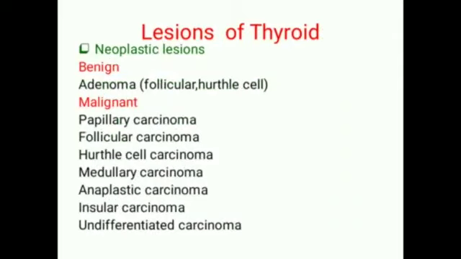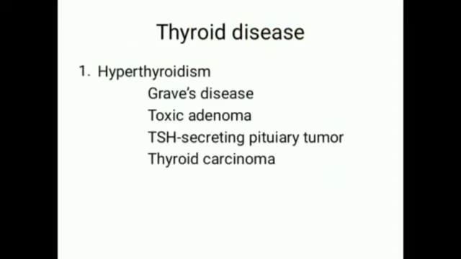If it is neoplastic and benign, it is adenoma. There are two types: follicular adenoma and Hürthle cell adenoma. If it is a malignant lesion, then it is papillary carcinoma, which is the most common one, follicular carcinoma, Hürthle cell carcinoma, medullary carcinoma, anaplastic carcinoma, insular carcinoma and undifferentiated carcinoma.